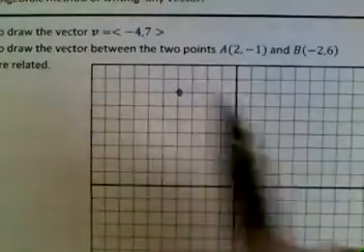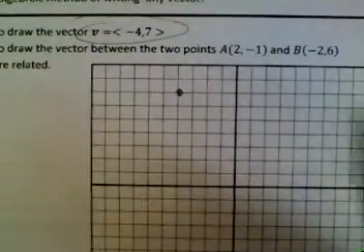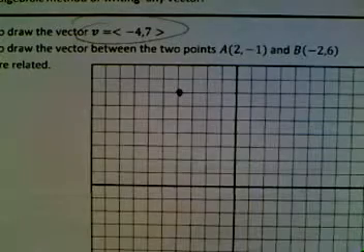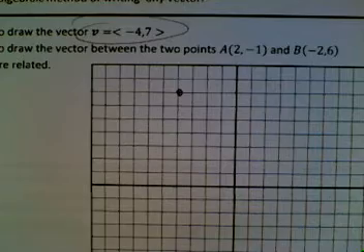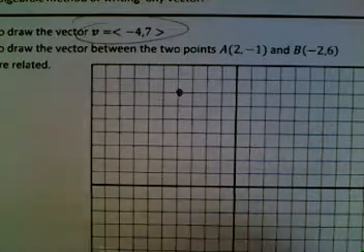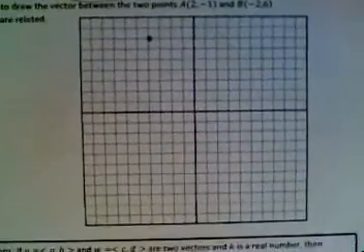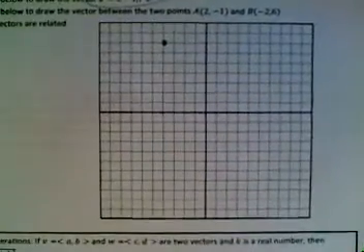So every vector that looks like this is going to have a direction and a magnitude. My point with that is, does it matter where it lands on this grid?